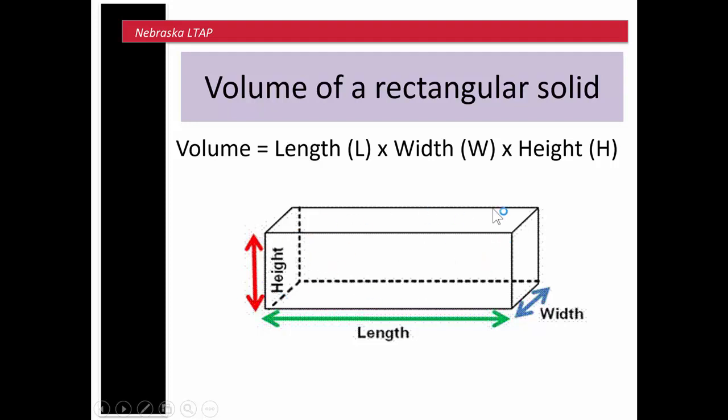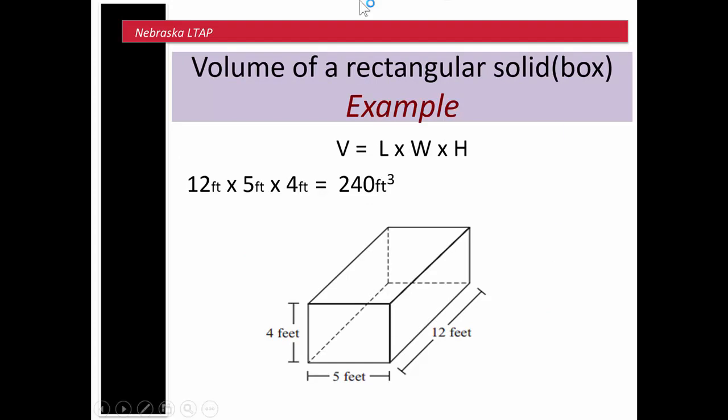But if we want to know the volume that this box would hold, we also have to multiply it by this depth or width, whatever this third dimension is. So that's all we're doing. For example, this box is 4 feet tall, 12 feet long, looks like 5 feet deep. All we have to do is multiply those three measurements together, and we get 240 cubic feet, the volume of this box.